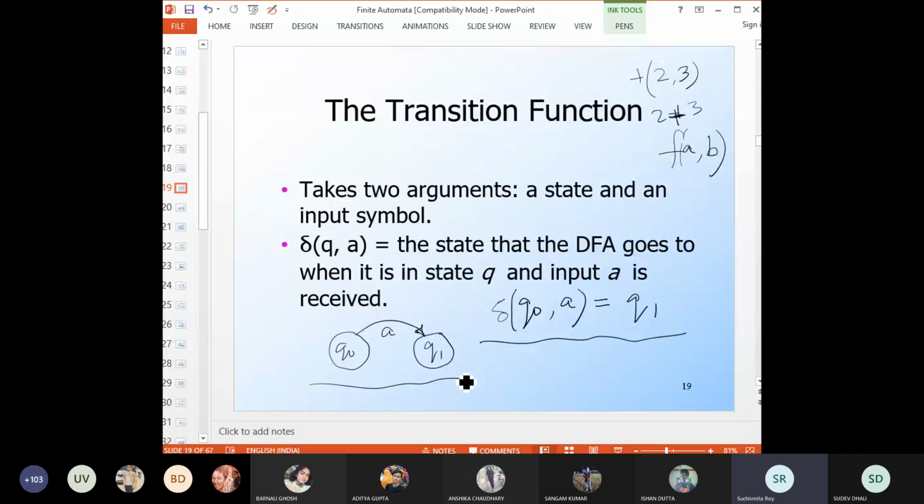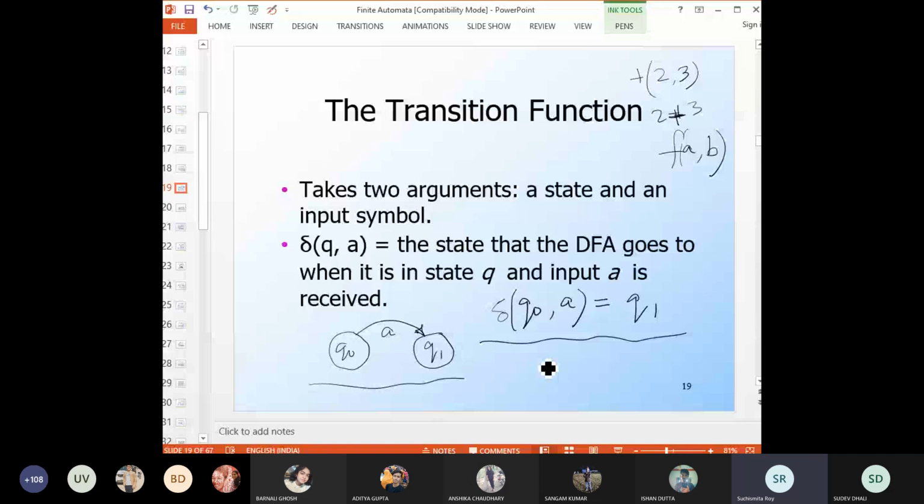So you can see that when you have already specified the states of the finite automata, by a series of such functions, you can specify all the arrows, or all the transitions, in your finite automata. Now, once you have done that, your finite automata is completely specified.